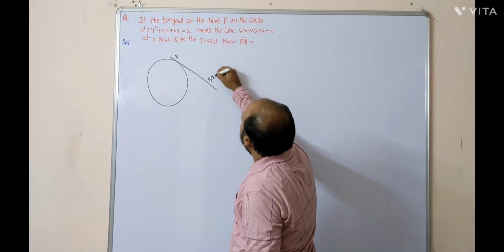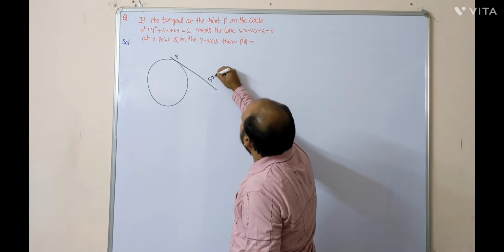So this is the x-axis, y-axis. This line meets the y-axis at which point? Q. On the y-axis, which coordinate is 0? The x coordinate is 0.